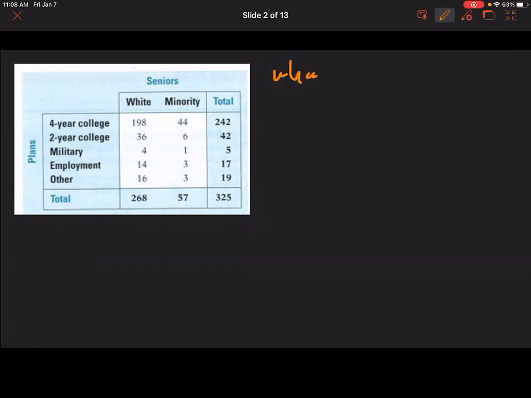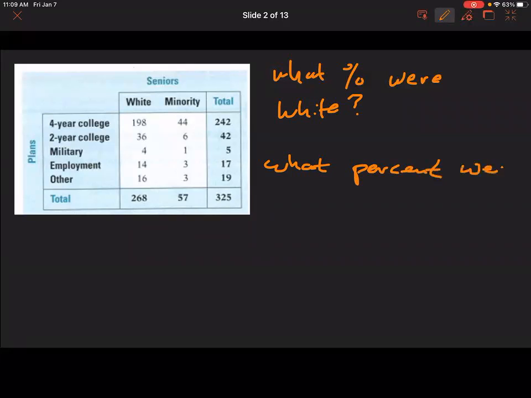Let's say, what percent were white? What percent were white seniors with military plans?